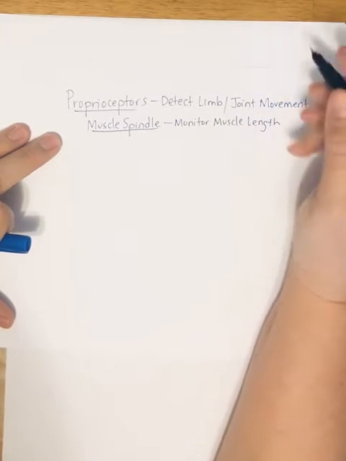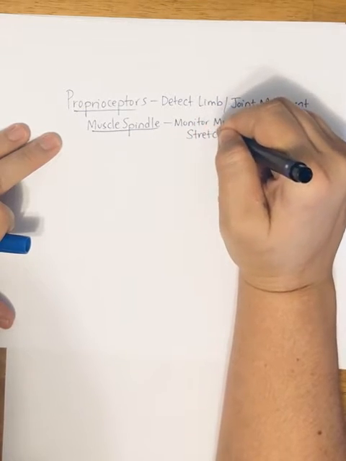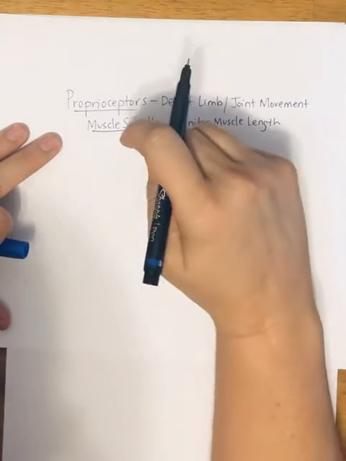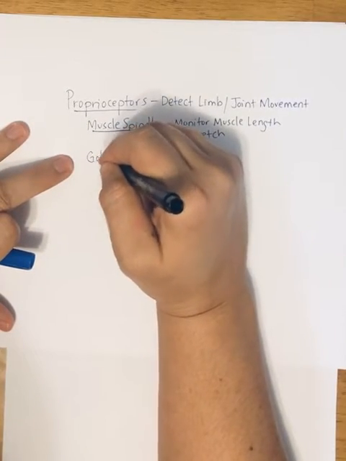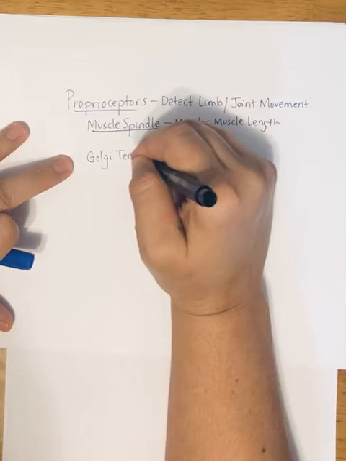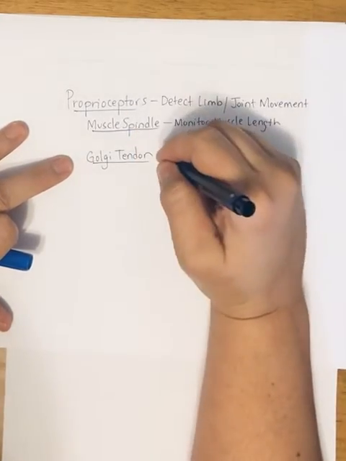And when we say muscle length, what we really mean is we're going to monitor how much it's stretched. So remember, spindle for stretch. Okay, the next one is called the Golgi tendon. The Golgi tendon is obviously found in the tendons.